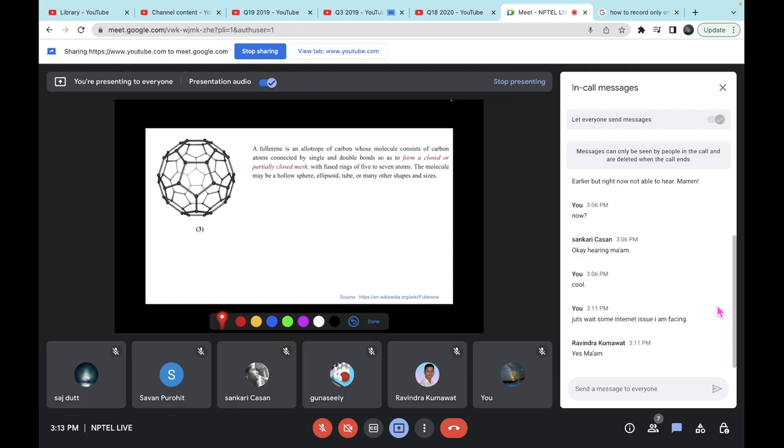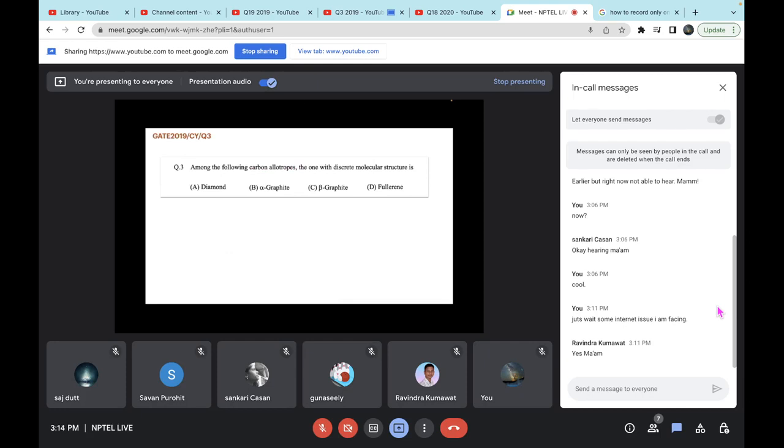Fullerene is denoted, for example, as Cn, where n is the number of carbon atoms. For example, this is C60, and there is C20 also. This just denotes the number of carbon atoms in the closed or partially closed mesh.